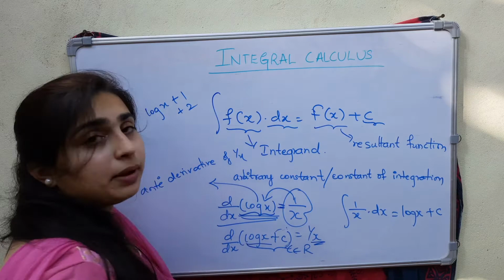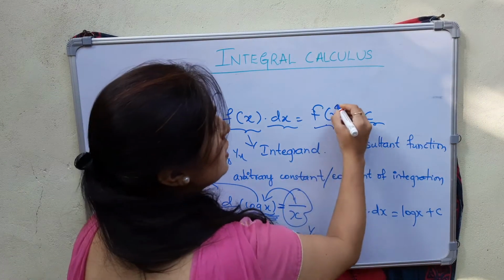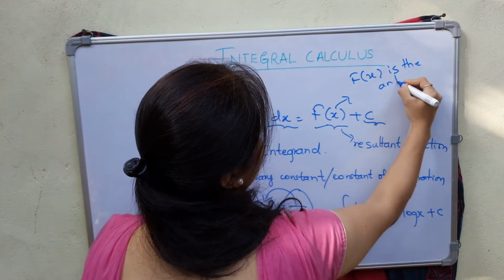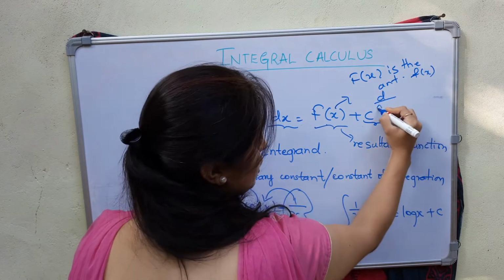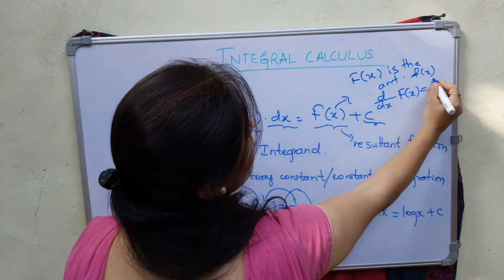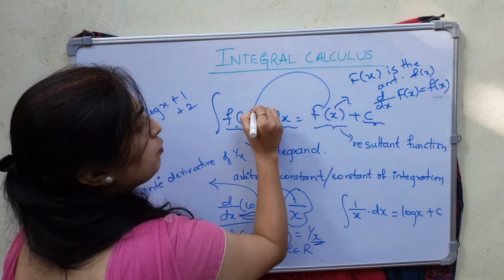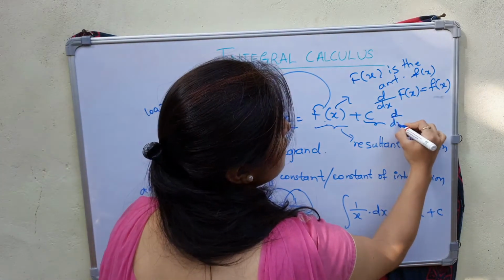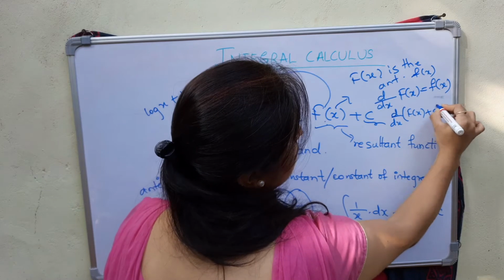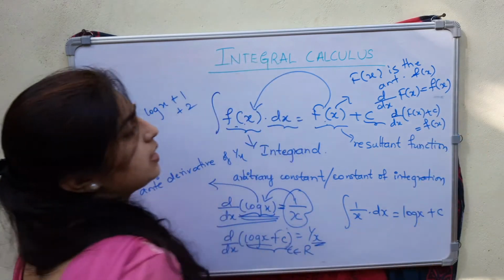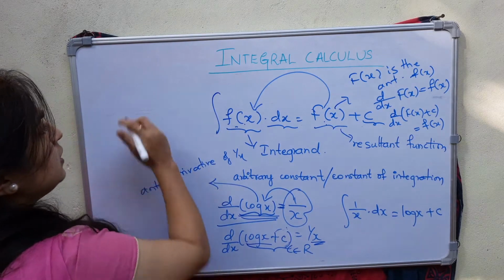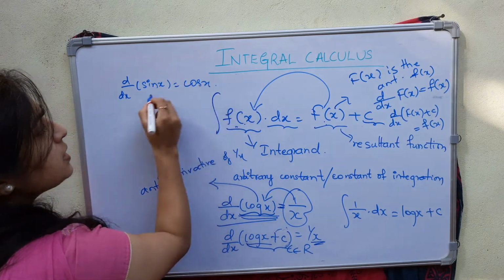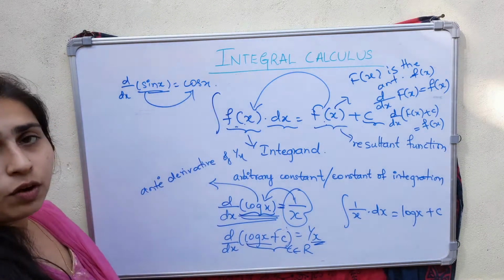So if F of x is the antiderivative of f of x, then if I differentiate F of x, I should get back f of x. This can also be written as d by dx of (F of x plus c) equals f of x. If I consider the differentiation of sin x, that is cos x, that means sin x is the antiderivative of cos x.